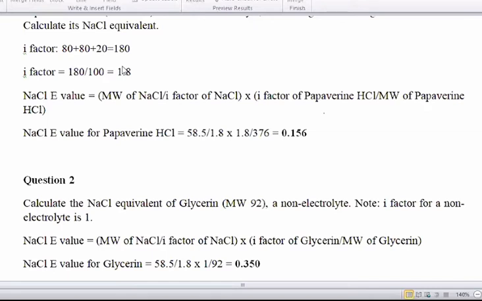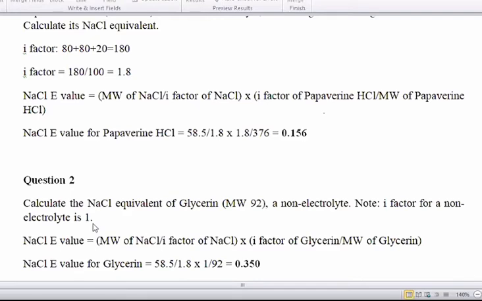Like I said, always know the molecular weight and I factor of sodium chloride. They are good. The only thing you remain with is the molecular weight of glycerin, which we have been given in the question.